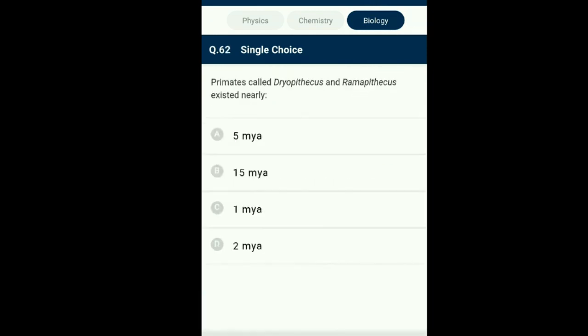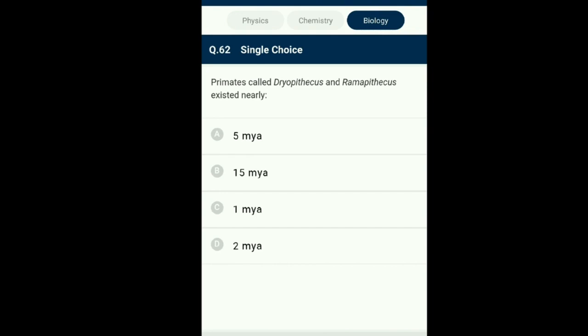Question number 62. Primates called Dryopithecus and Ramapithecus existed nearly. Human evolution is a gradual process leading to the emergence of modern humans. It is characterized by the number of changes in the morphology, physiology, behavior, which has occurred since the split between the last common ancestor of human and chimpanzee.